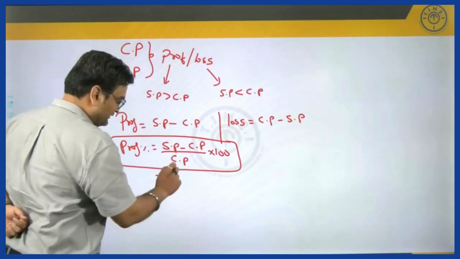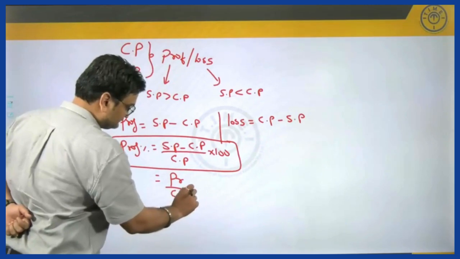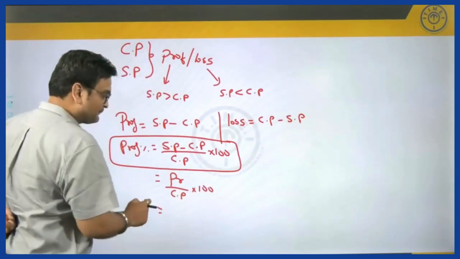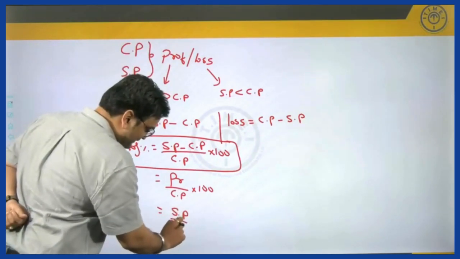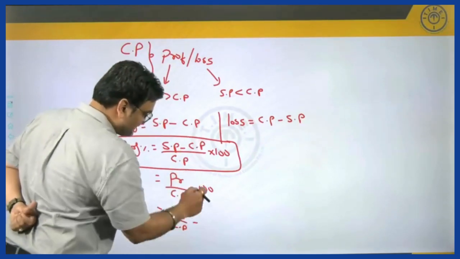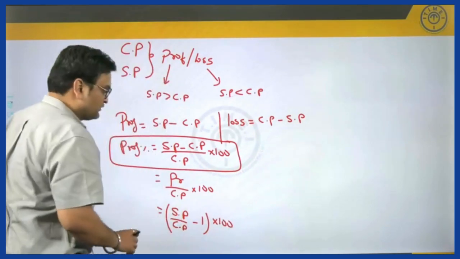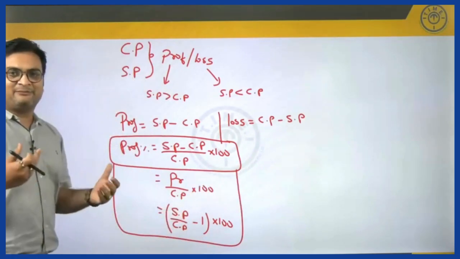We can write the numerator as nothing but the profit value. We could also write it like this, or if you divide the numerator by denominator, we get the ratio of selling price and cost price minus cost price by cost price, that is 1, into 100. So these are the different forms in which profit percentage can be calculated.